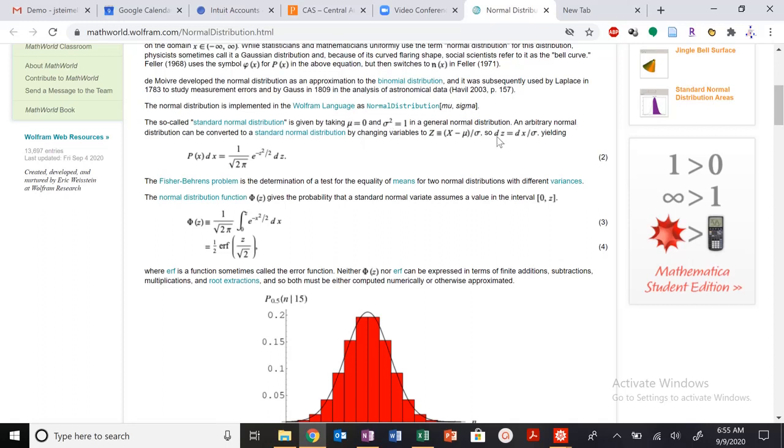The only other thing we need to mention is that when we do the integral of our function p sub x, d sub x, we are going to change it to p sub z, d sub z. d sub z is just d sub x divided by sigma. That is going to give us, basically, that same function again. So that's the basics of what we're going to be doing in order to solve these functions in Mathematica.